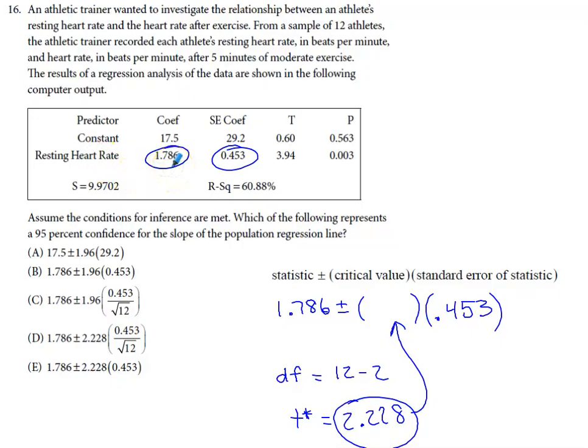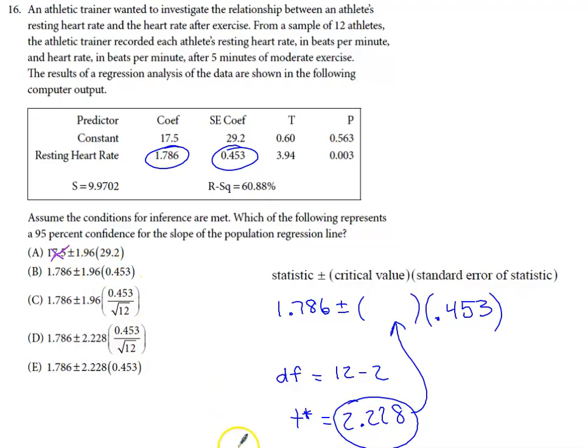So the coefficient of resting heart rate, or the slope of our sample data regression line, is 1.786. So that is going to go in as our point estimate. And that's pretty obvious. 4 of the 5 options involve that as what you see before the plus or minus. So we are ruling out option A, right?